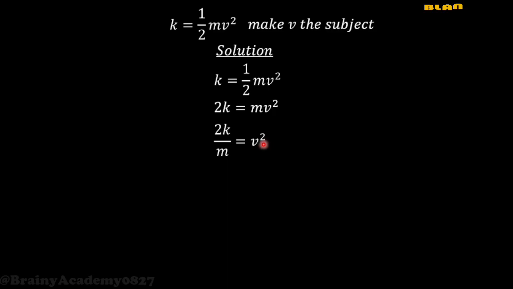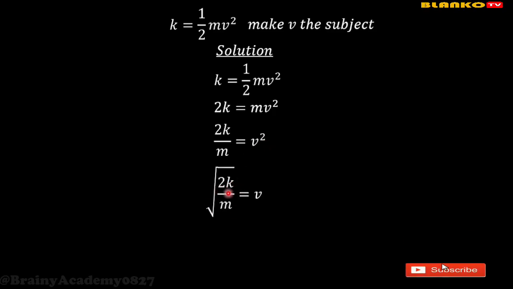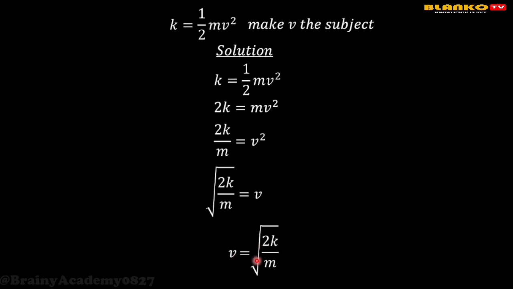We get the square root of 2k over m equals v. So therefore, v equals the square root of 2k over m. I hope now you are beginning to understand it, and I'm very sure you can solve any change of subject question now.